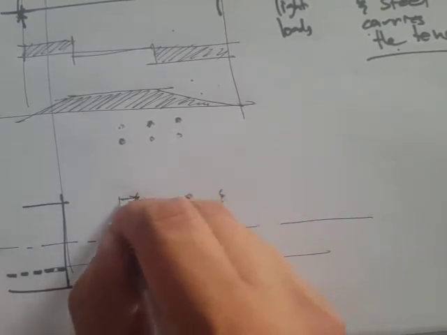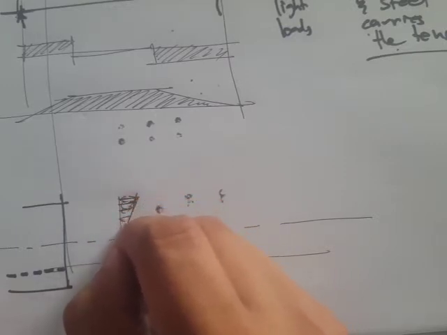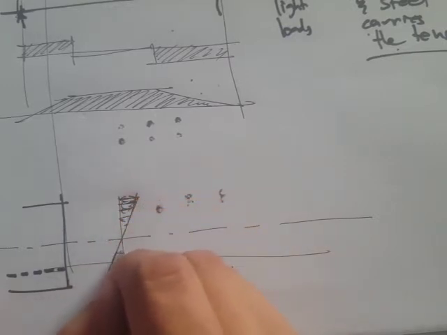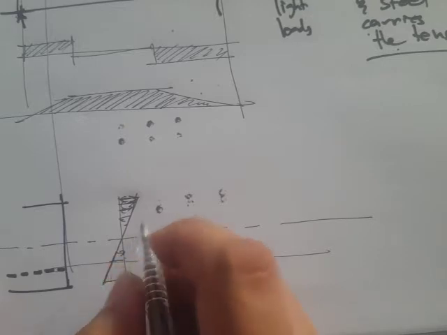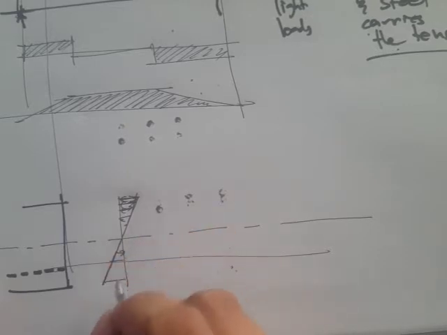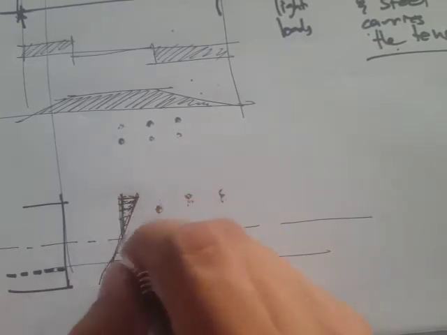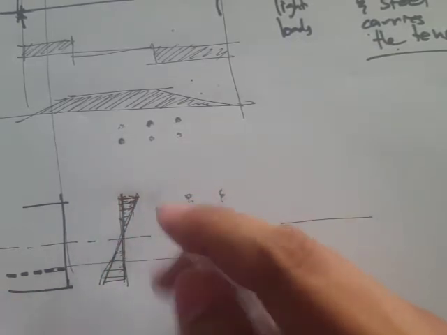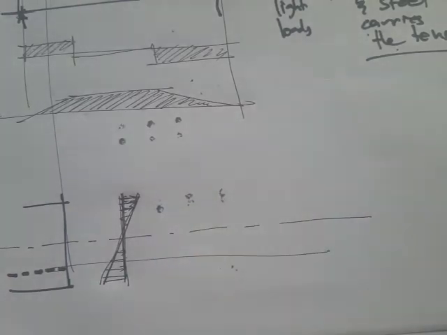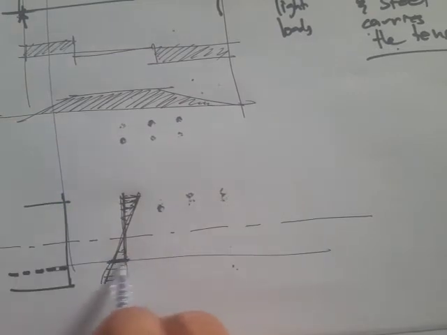This is compression, and this is something like this, tension. So we have something like a uniform stress distribution. We'll just use the color blue for steel.